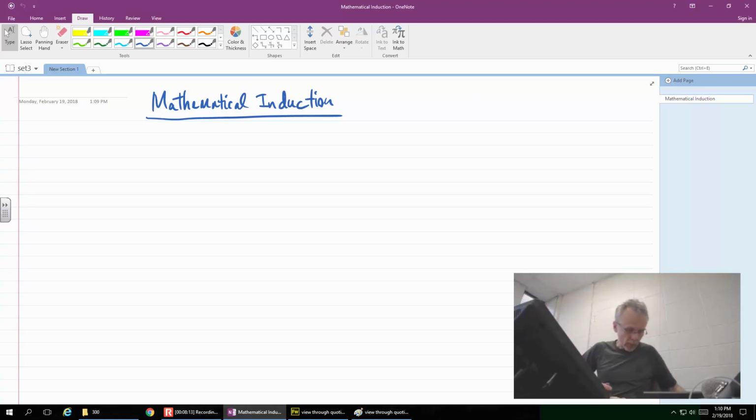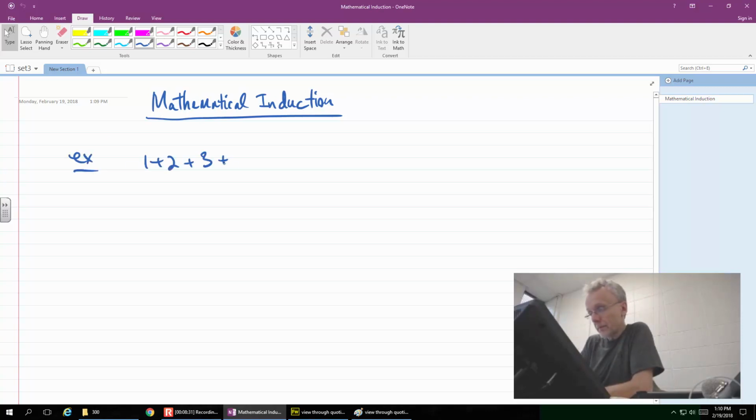So I'll pick one proof. Let me start with something that you see in calculus, and the proof also has a version independent of induction. So this is 1 plus 2 plus 3 plus ... plus n, which is what?